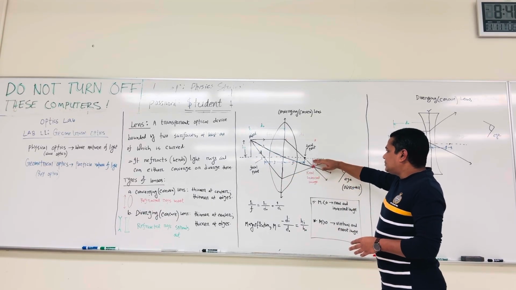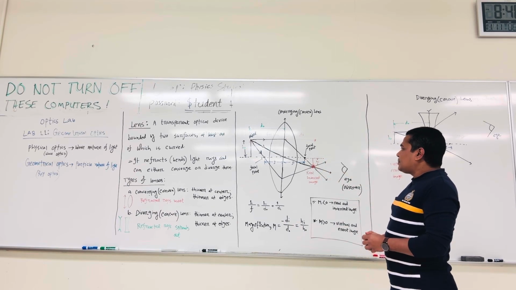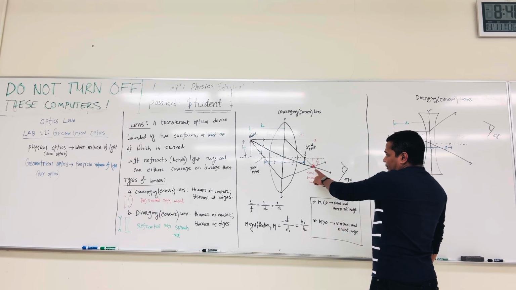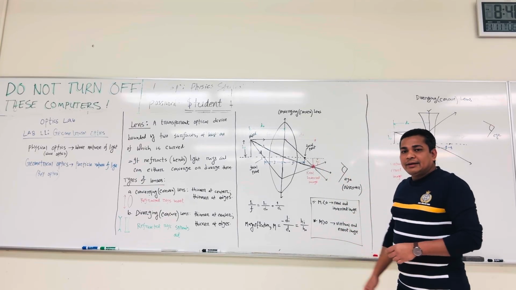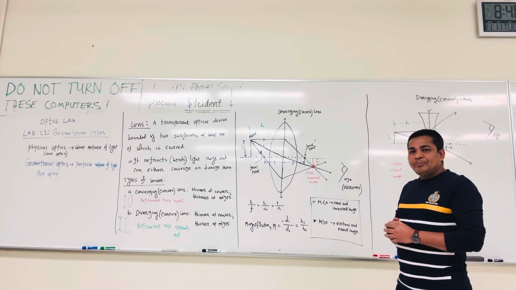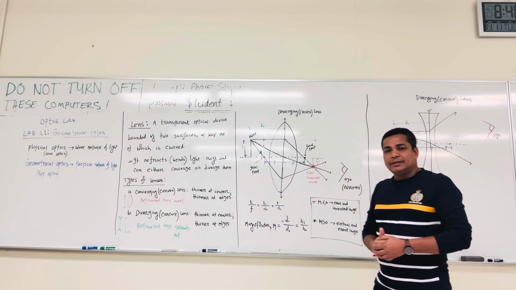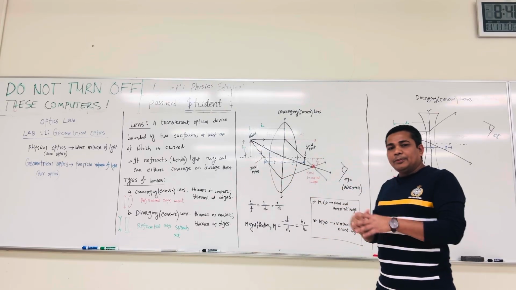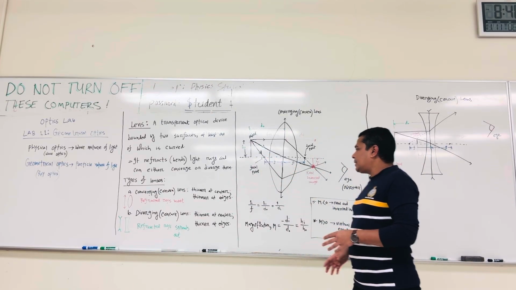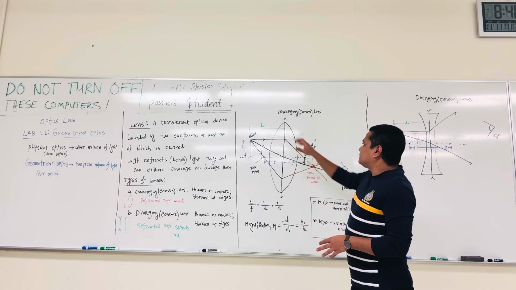The image is formed below the principal axis. So in the case of the converging lens, we get a real and inverted image, and this is smaller, but it could be larger also compared to the object. It depends on the position of the object. So we have some parameters here.